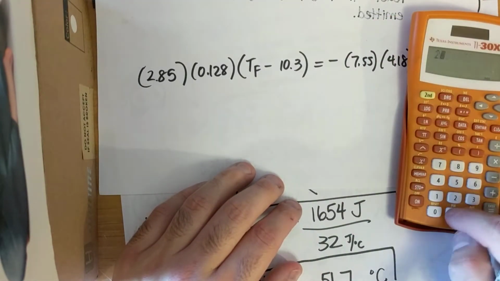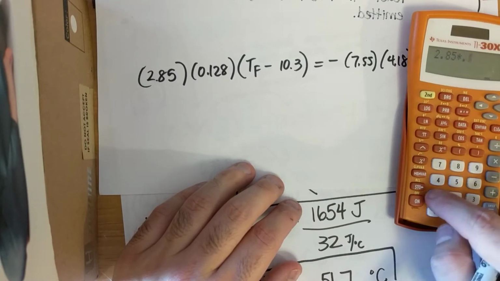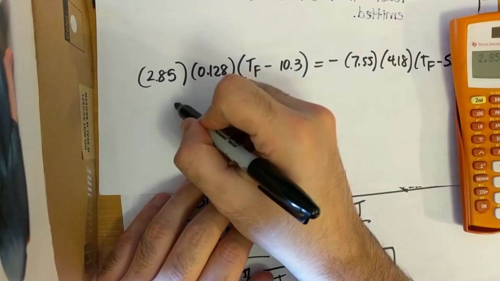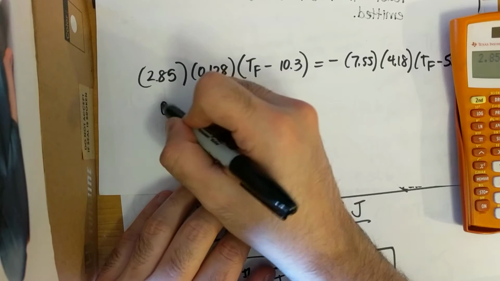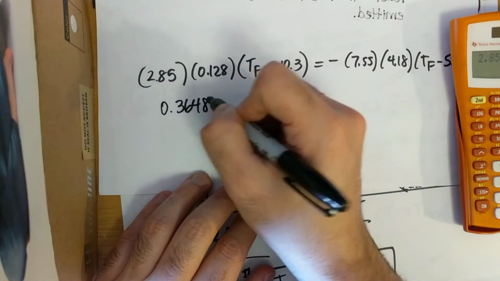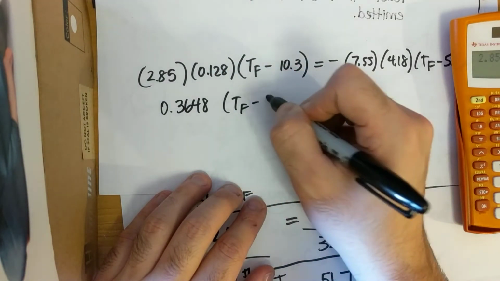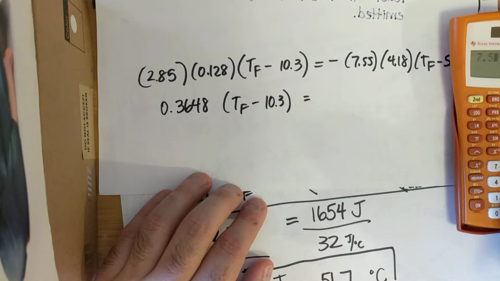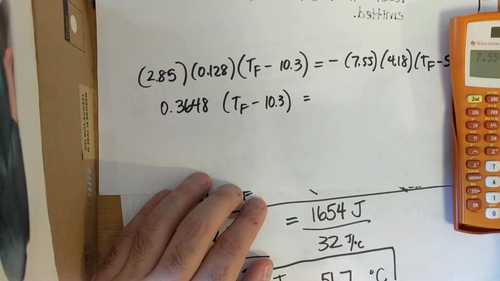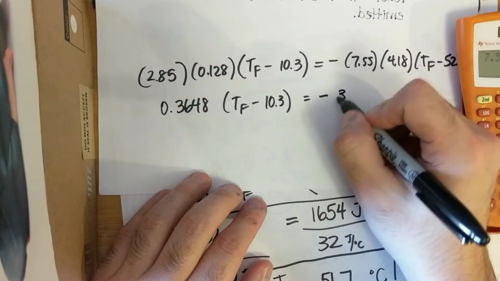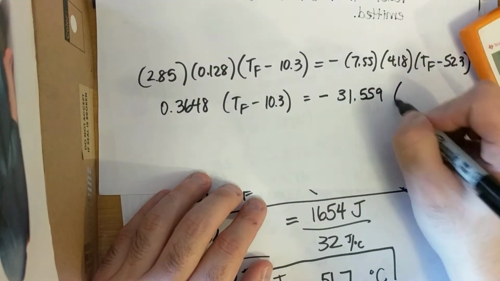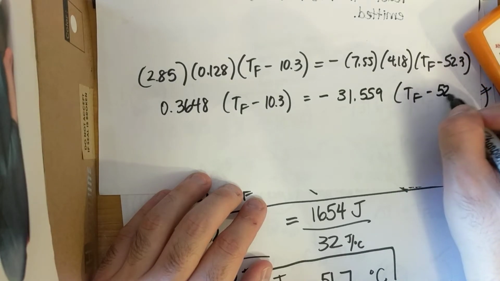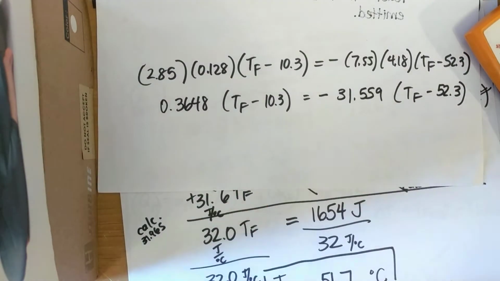I'll do 2.85 times 0.128, and I'm not even going to do sig figs. I get 0.3648 TF minus 10.3 equals 7.55 times 4.18, which gives negative 31.559 TF minus 52.3. I'm doing this a quick way without all the fancy units.